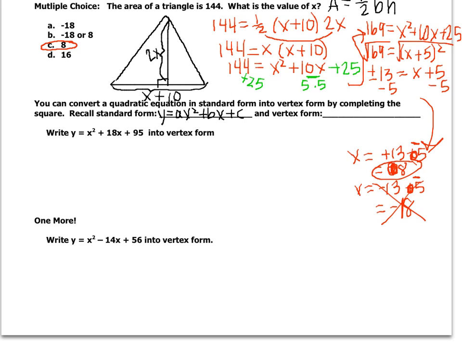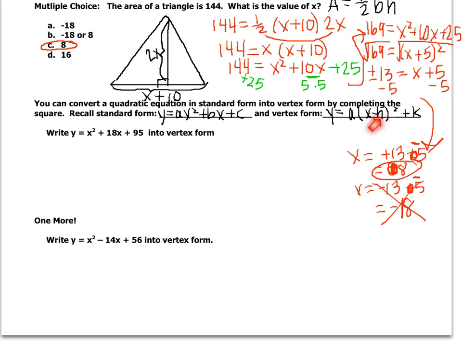And then vertex form looks like this: y equals a times the quantity x minus h, squared, plus k. So vertex form allows us to look at it and quickly tell what the vertex of our quadratic equation is.